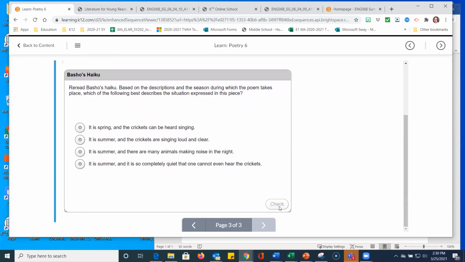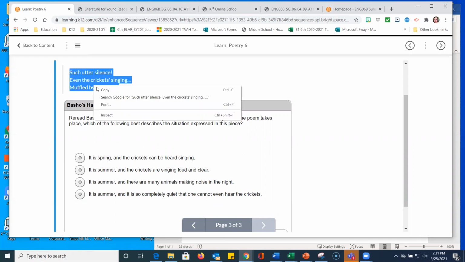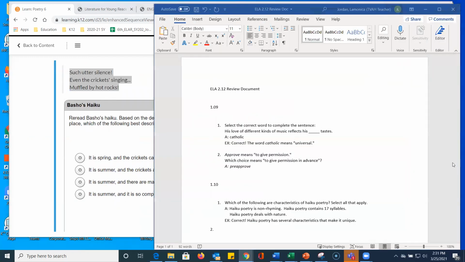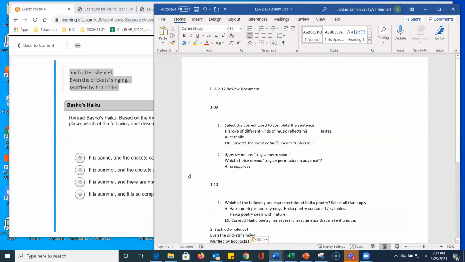Choose your answer. Check your answer. Once you know the correct answer, copy and paste the question and correct answer, and you might even want to copy and paste this poem into your review document. Copy, paste.